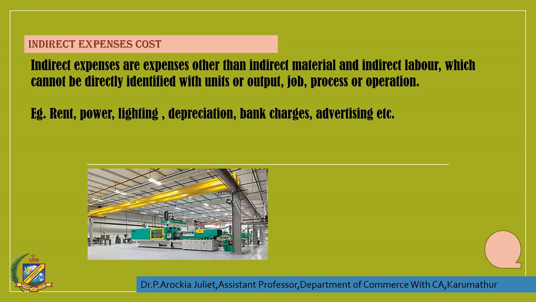For example, rent, power, lighting, depreciation, bank charges, advertising, etc. These expenditures are a must to produce the product, but they do not help directly to produce a particular amount of product. So we can identify them with output or a job only indirectly. So it is called the indirect expenses cost.